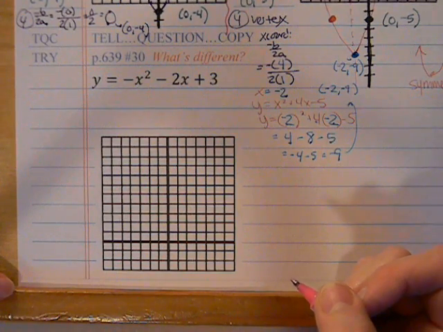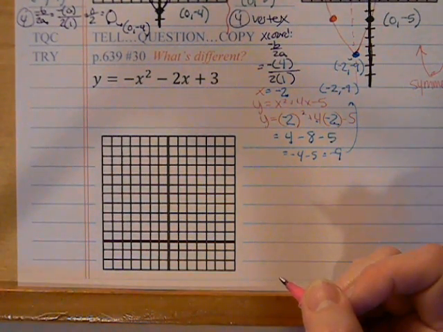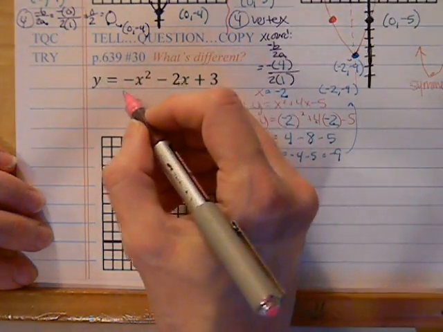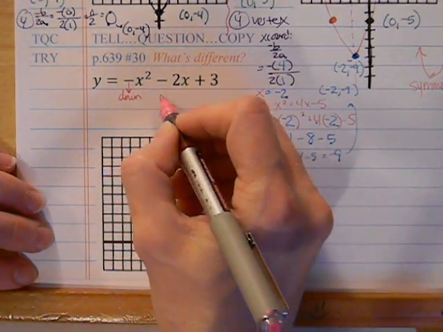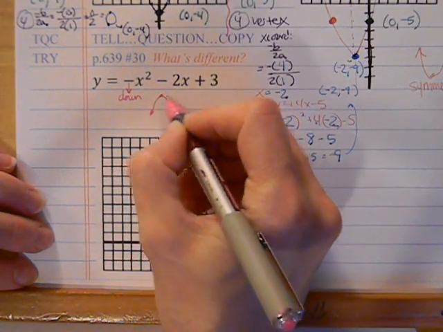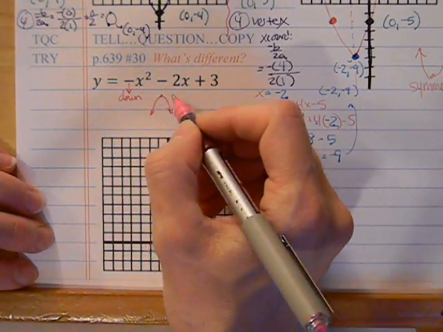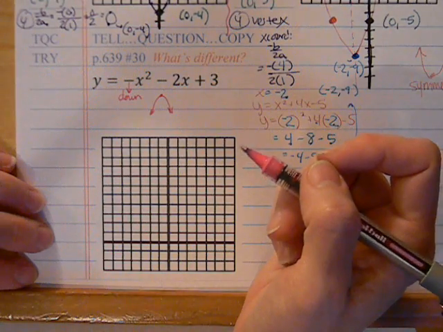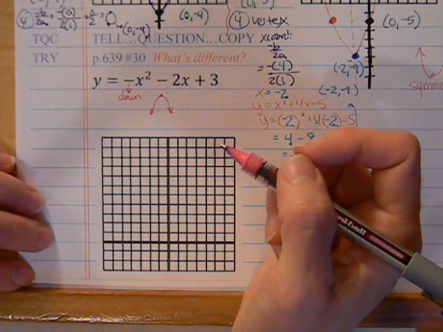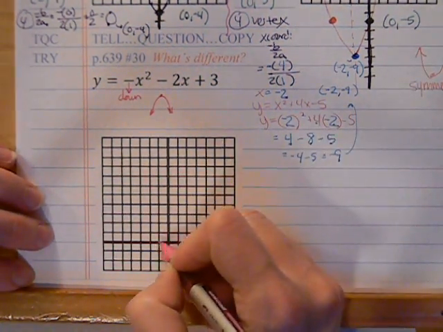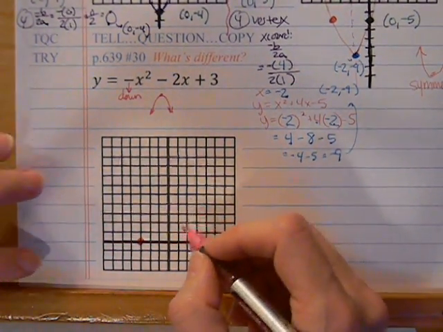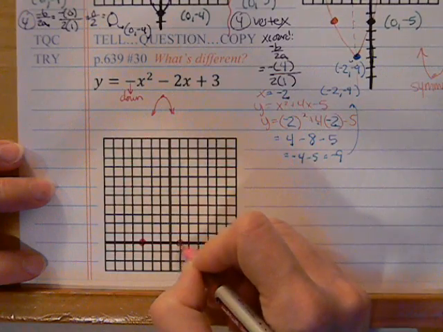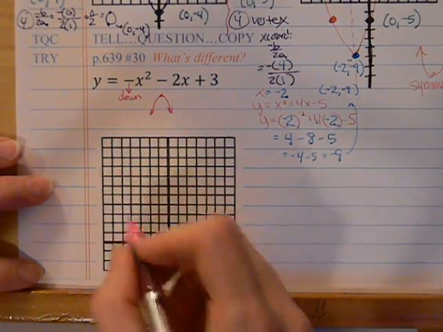Okay, so hopefully you paused that, because here comes the graph. This is going to go down. That negative a value is going to tell us that we're having a parabola that can look something like this. Heads downward, symmetrical. When you come up with the x-intercepts, you should get negative 3, 0, pardon me, and 1, 0 for your x-intercepts.